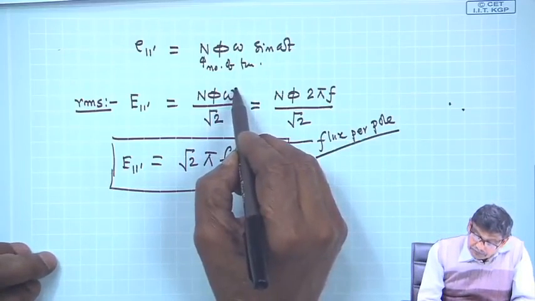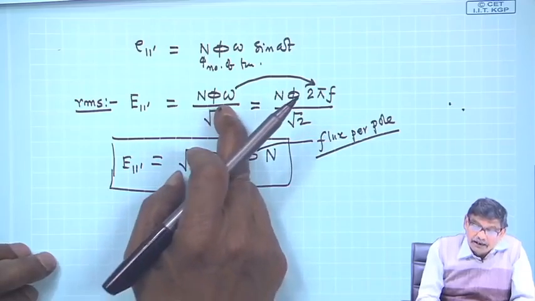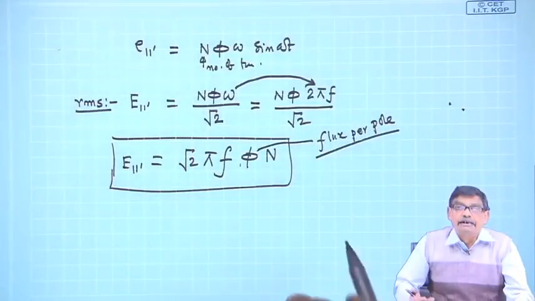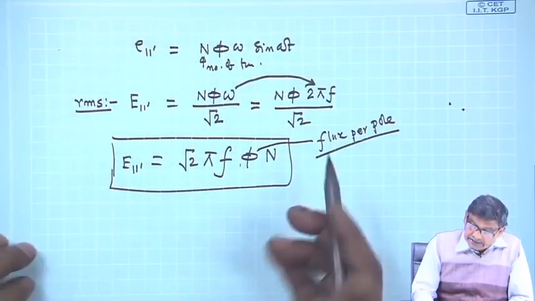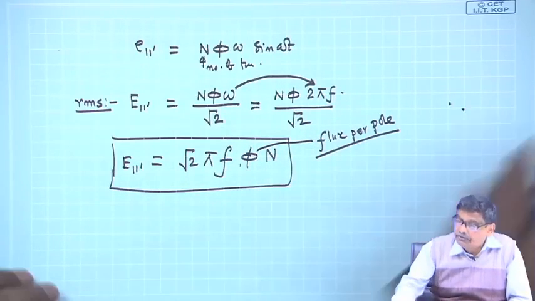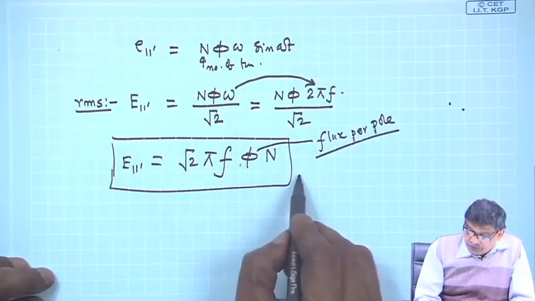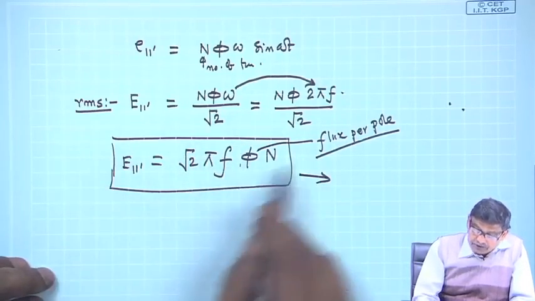Mind you, going from omega equal to 2 pi f, what is omega? Omega is the electrical speed in radian per second, and that decides the frequency of the AC voltage generated. We have told you earlier. Therefore, this is the most fundamental expression of induced voltage.